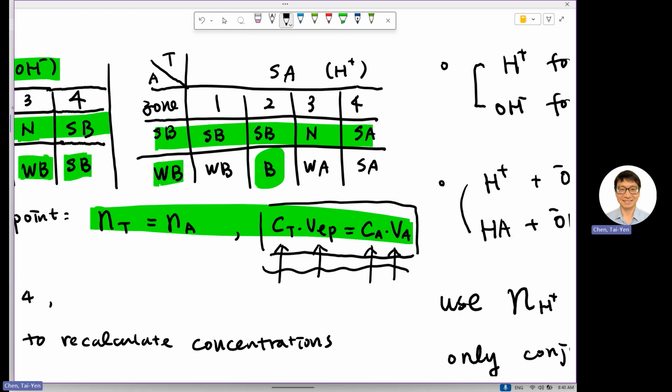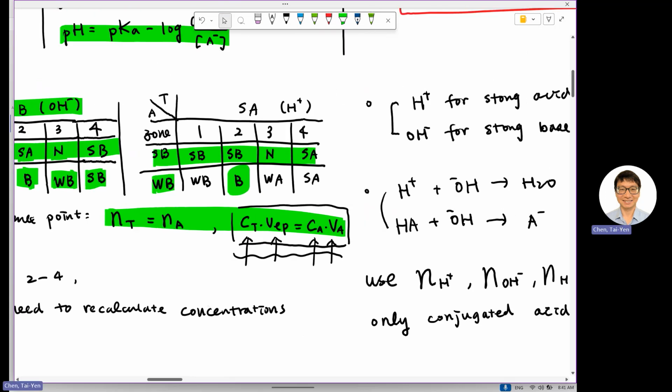It will always be your step number 1, because once you know your VEP, you compare it with the volume of titrant added to the solution, which is written in your question. Then you will know whether it's zone 2, zone 3, or zone 4. Once you know which zone you are in, what kind of solution you have will be very clear.